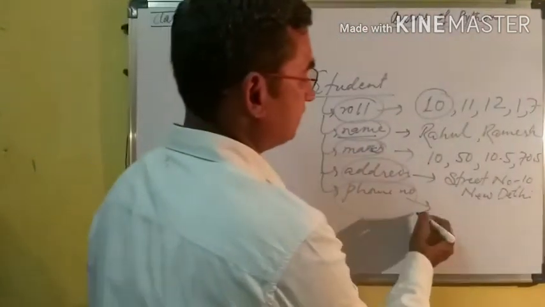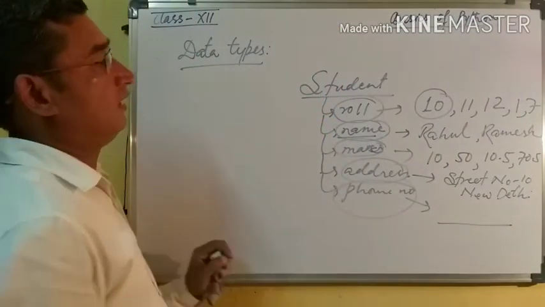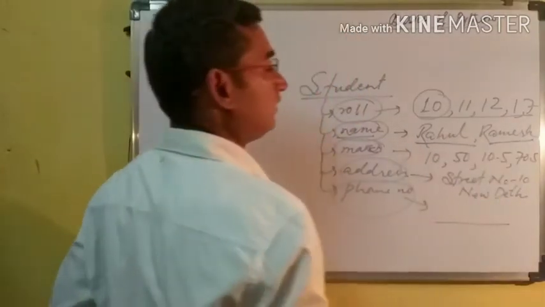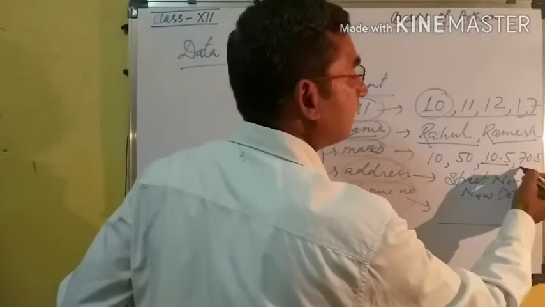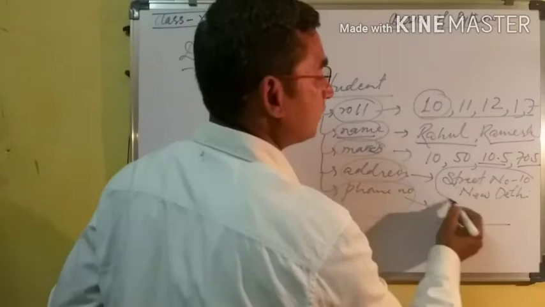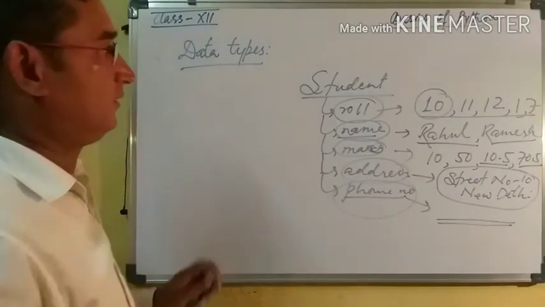And phone number, you can see a 10-digit numerical value. Now here we can see this is a whole number. This is a sequence of characters here. This is a decimal number, a float number. This is a sequence of characters, and phone number can be a sequence of digits.